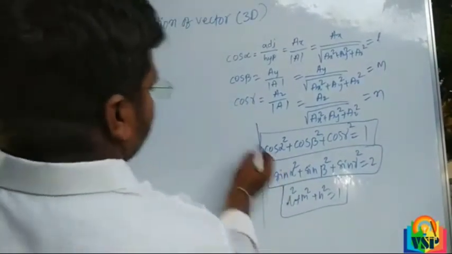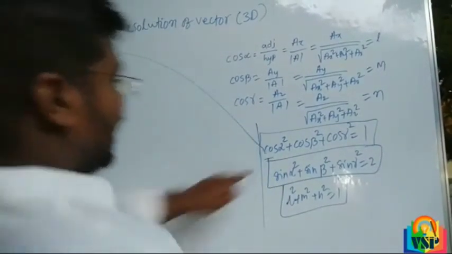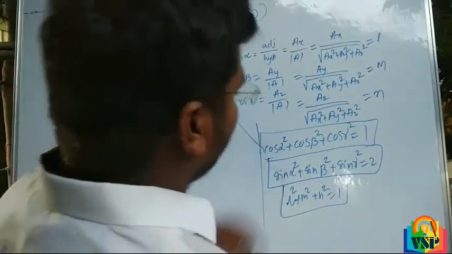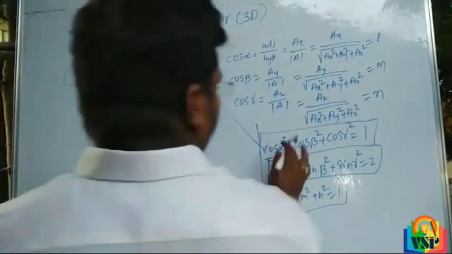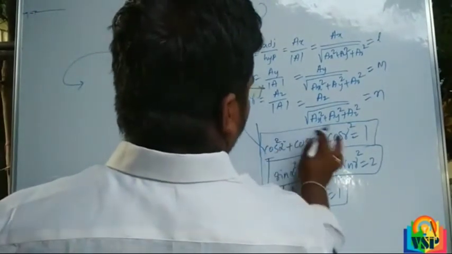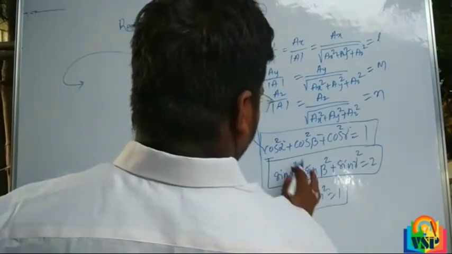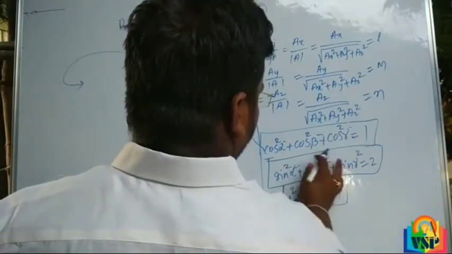Coming to this one: cos square alpha, cos square beta, cos square gamma.